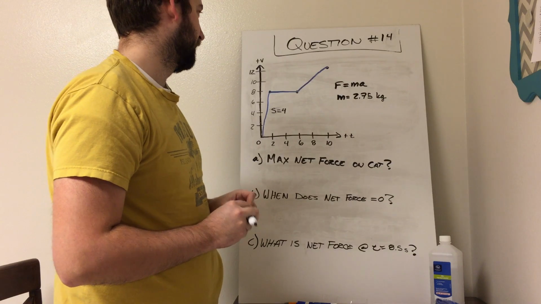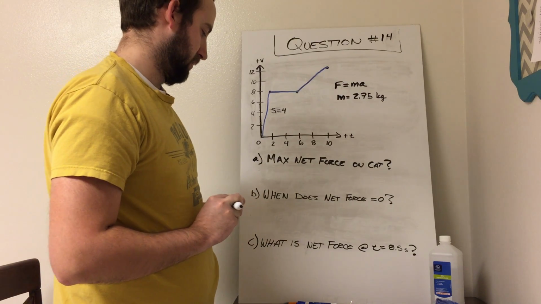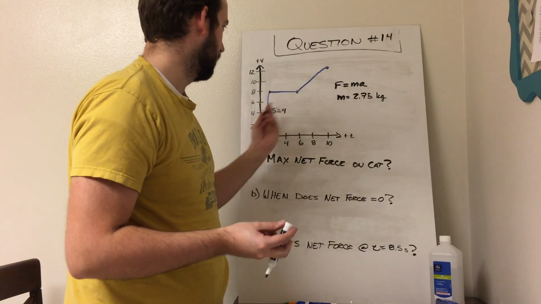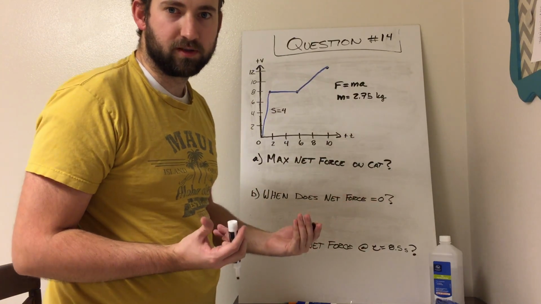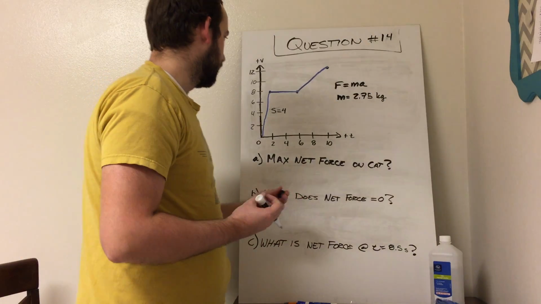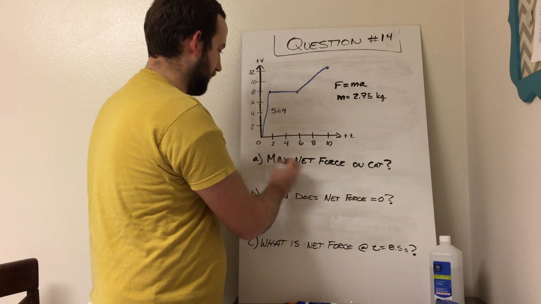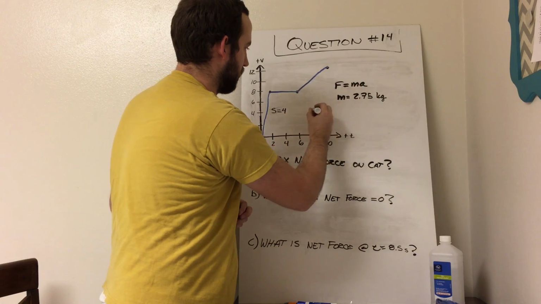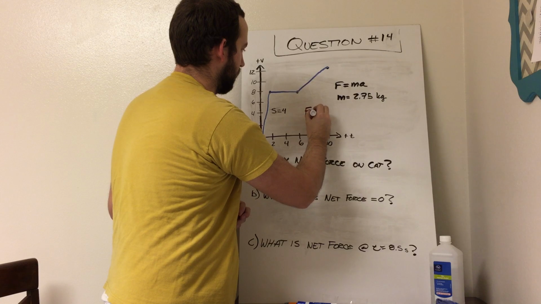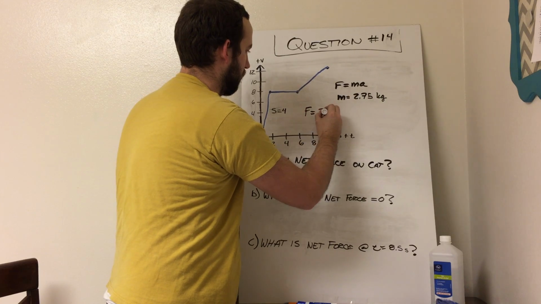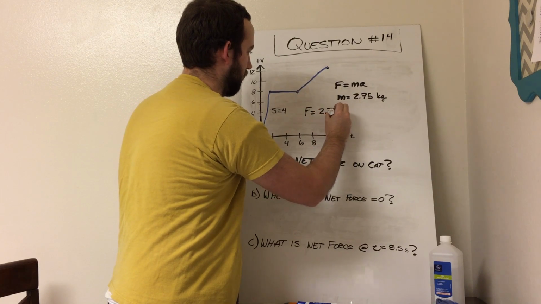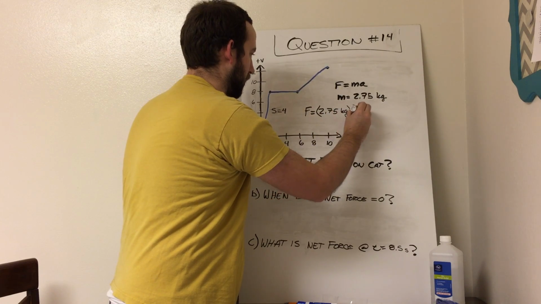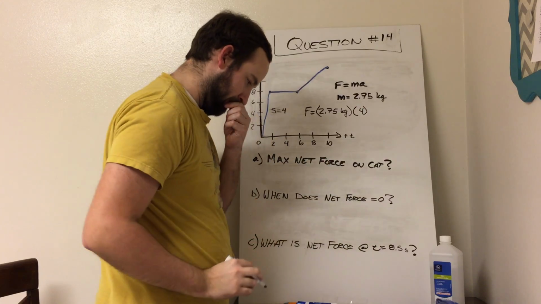That means the acceleration at that time is 4 meters per second squared. So to find the max net force, we plug what we know into this equation: force equals 2.75 kilograms times 4.